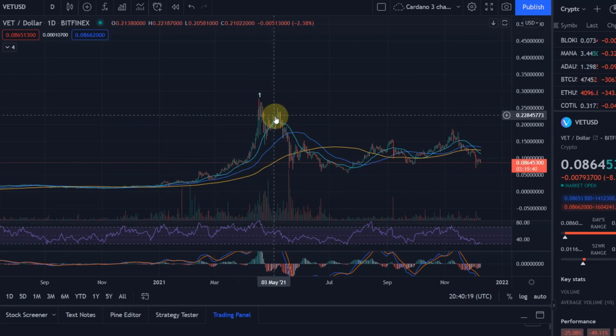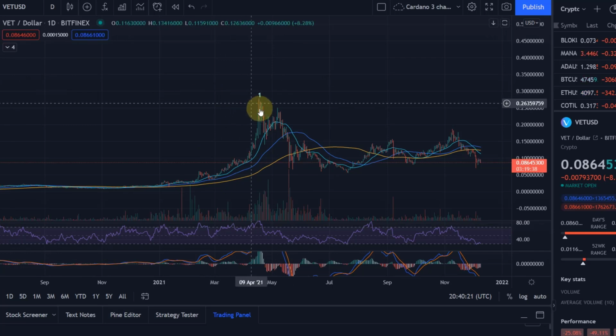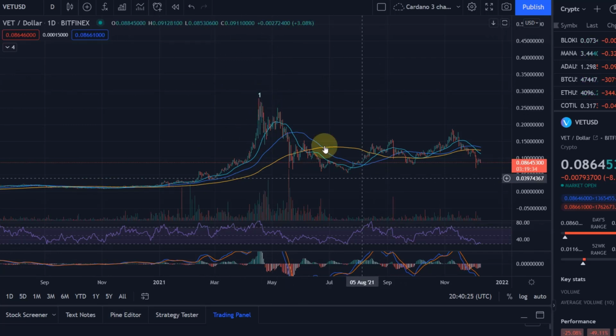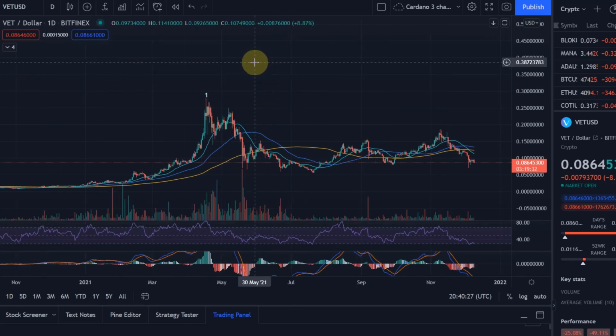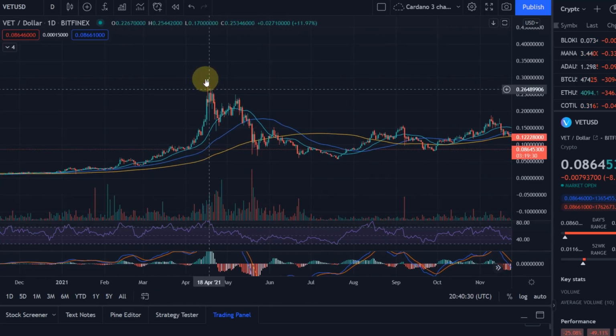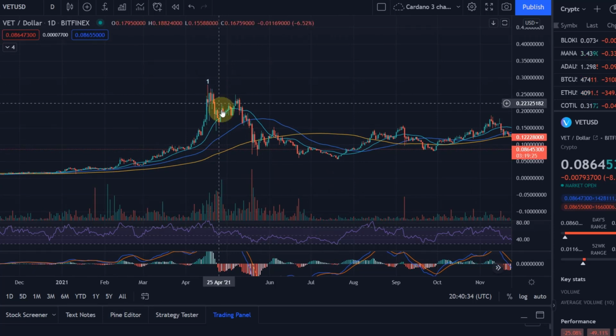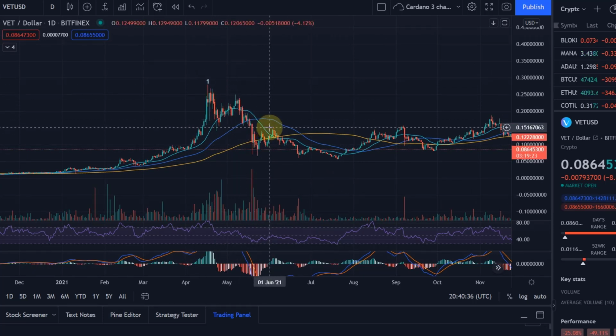So the next step would be that we have to go down in an impulsive move. After this move to the upside, you get a 1, 2, 3, 4, 5 to the downside.